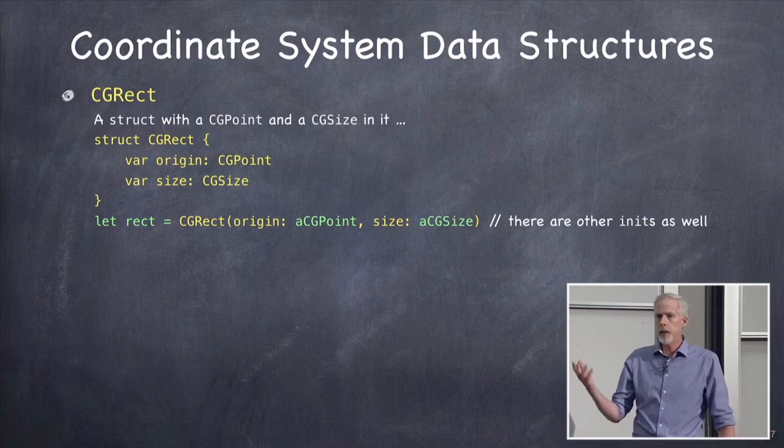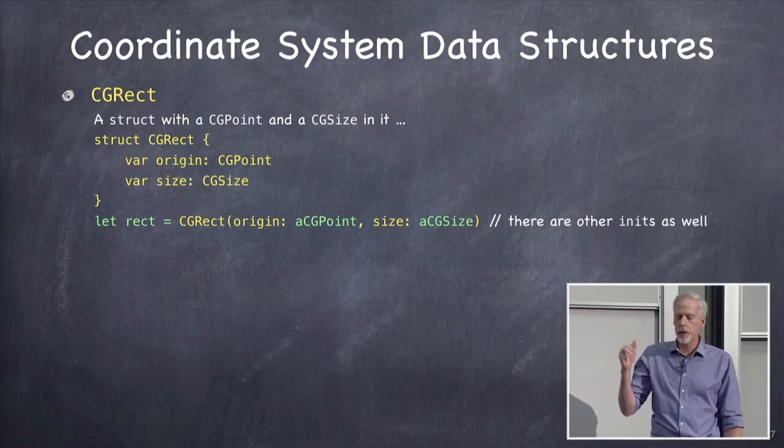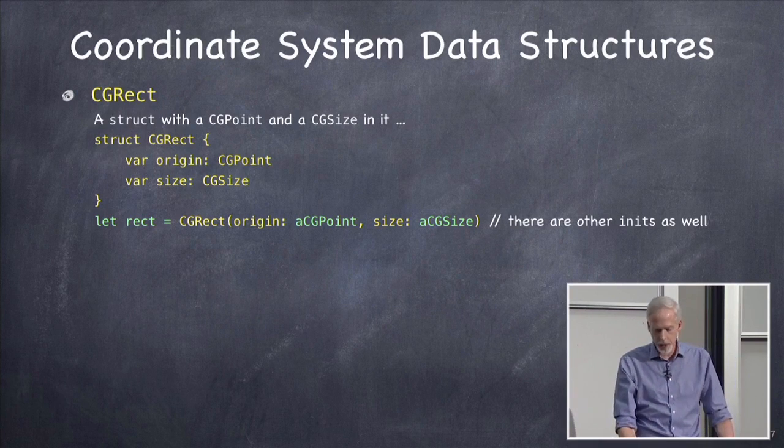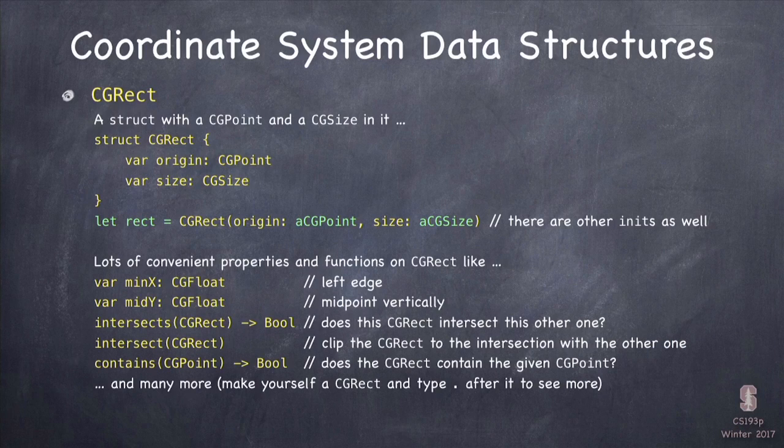Creating a CGRect, there are actually quite a few initializers for it. You can create one with an origin and size, or you can do x, y, width, height, things like that. And CGRect also has a lot of really cool little convenience vars and funcs, like minX, maxY, midY.